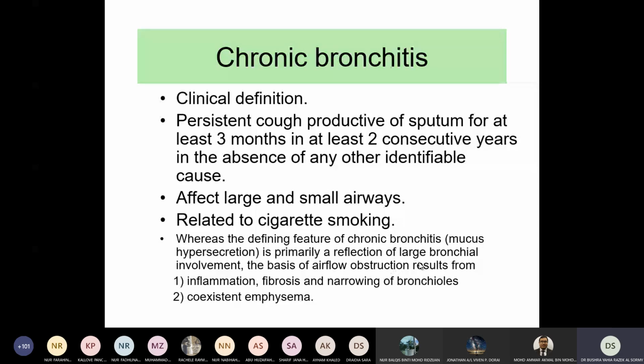The airway obstruction results from inflammation, fibrosis, and narrowing of the bronchioles, which coexist with emphysema as the disease progresses.